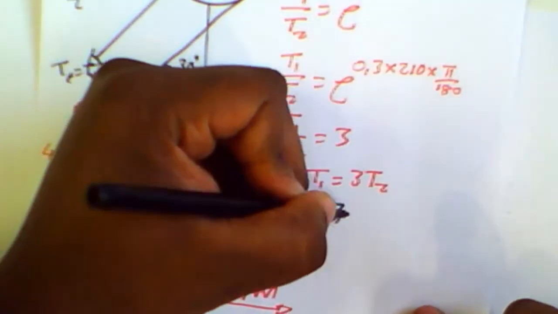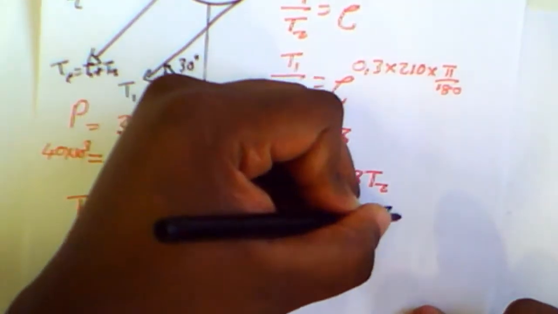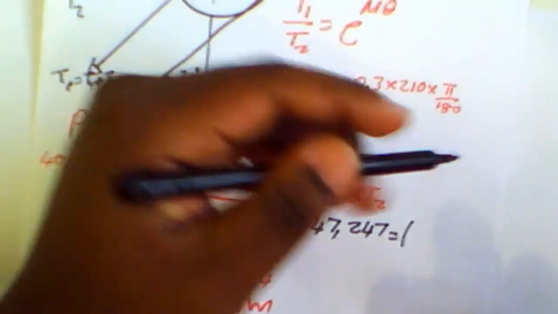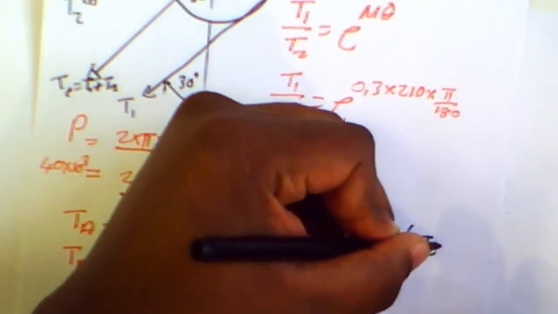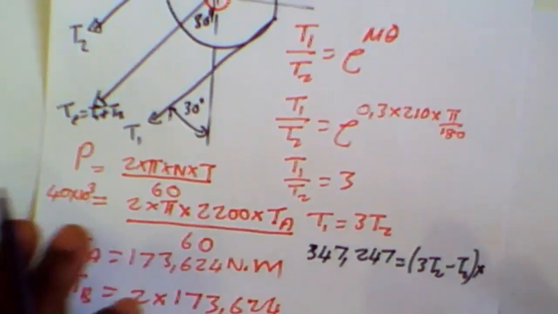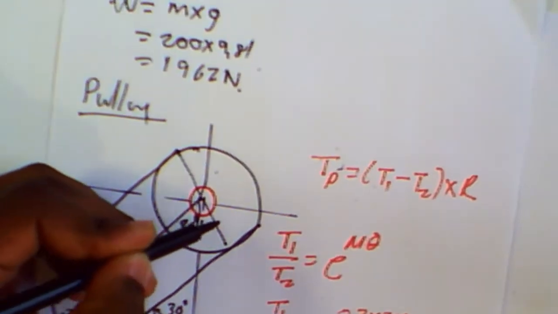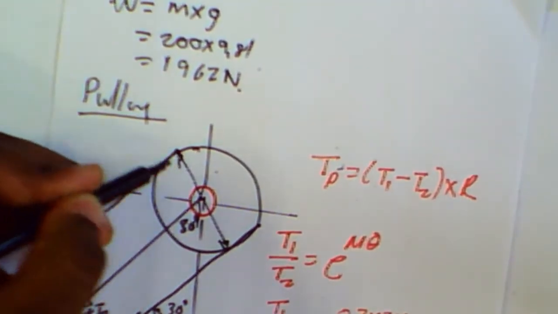So I can quickly write that and say 347,247 equals the tension at 1, which is 3 times T2, minus T2, times the radius of my pulley. Remember the diameter, the PCD of my pulley, I was given as 500.